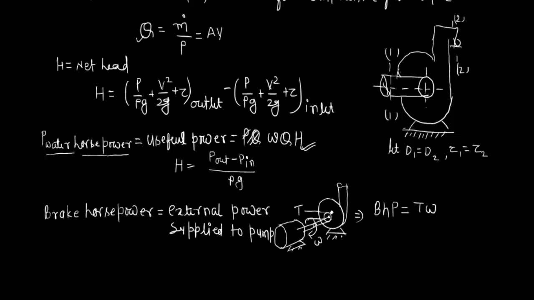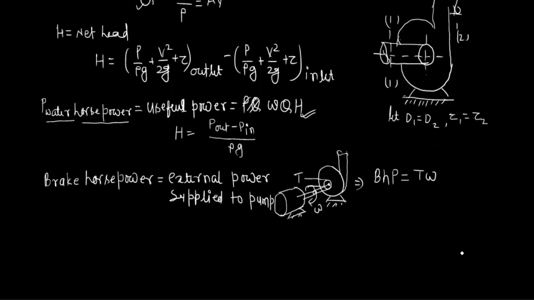Now we know what the power input is, the brake horsepower, and after some mechanical losses, the power supplied by the pump to the fluid is the water horsepower. Based on this we can define the pump efficiency. Pump efficiency equals the power out, which is the water horsepower, divided by the power in, which is the brake horsepower.